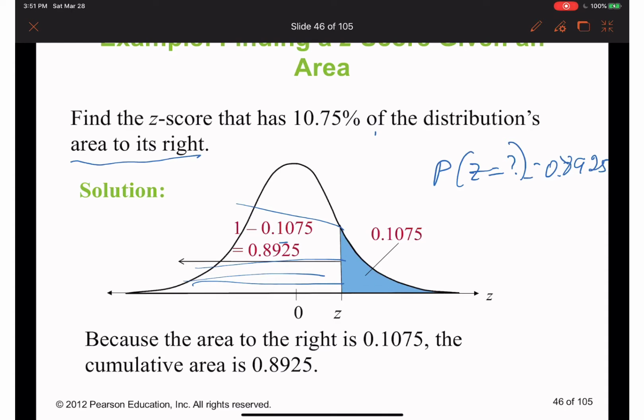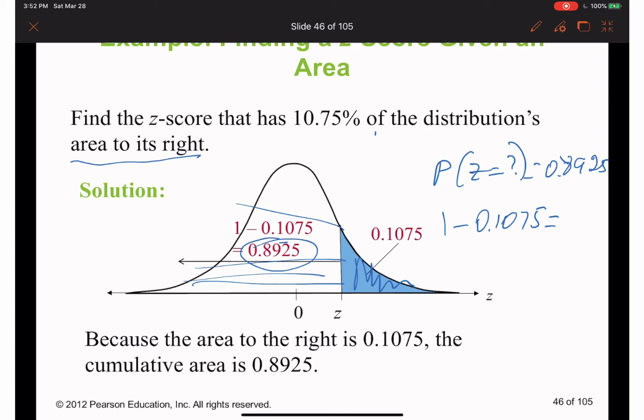Why? Because 0.1075 is to the right. So to find the area to the left, why do we find to the left? Because our table shows the area to the left. Therefore, we do 1 minus 0.1075, and you get 0.8925.